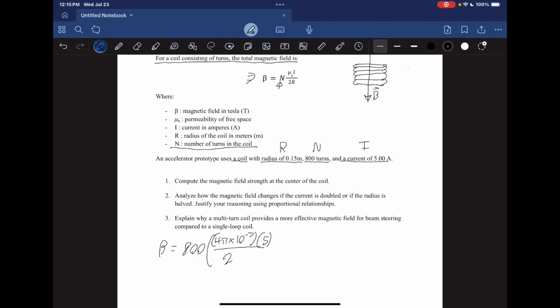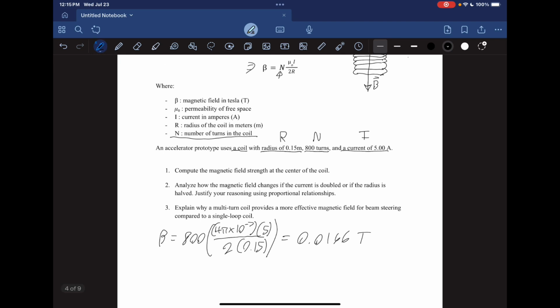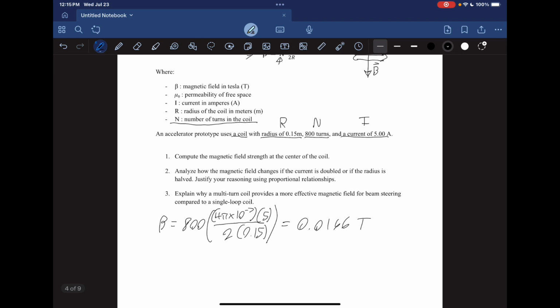It's already in meters, so we don't need to convert. So we've got 0.15. I've already plugged this into the calculator, but if you plug it in yourself, you should get an answer of, depending on how you round, 0.0166 Teslas. So this is the magnetic field strength at the center of the coil.